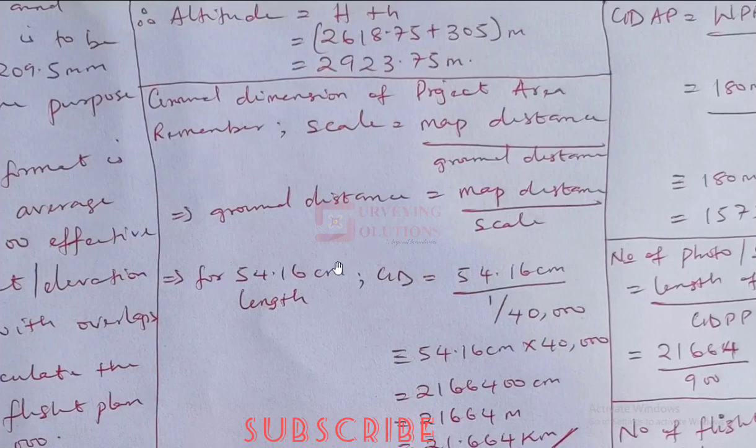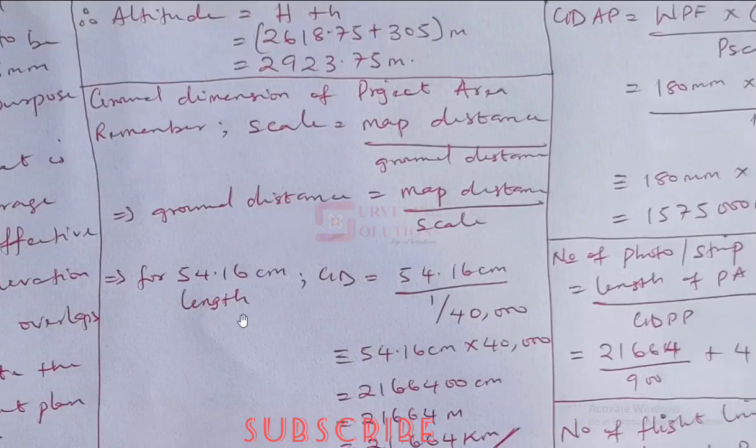And now, which other scale are we using? This time around we are using the map scale, and the map scale is 1 ratio 40,000. So we've used both scales. We used the photo scale and now we are using the map scale. The map scale will help you convert the dimension of the project area to its equivalent ground dimension.